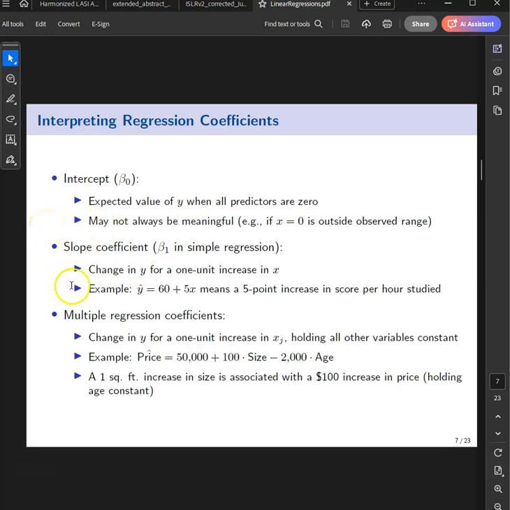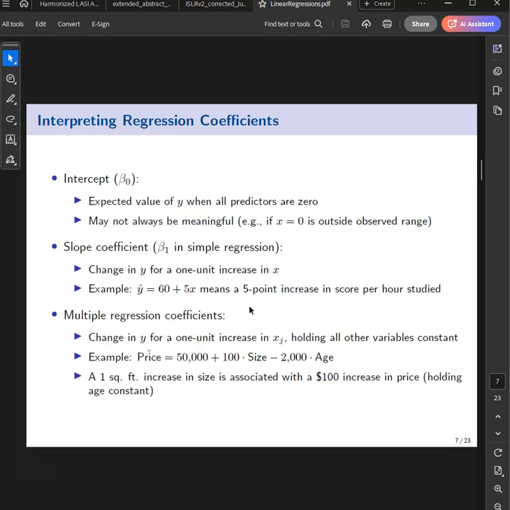And in a simple example, if you want to fit a simple linear regression model and you have this equation fitted, y hat equals 60 plus 5x, which means that for every unit increase in x, which in this case is the score, this is a typo, your predicted value of y increases by 5 points on average.